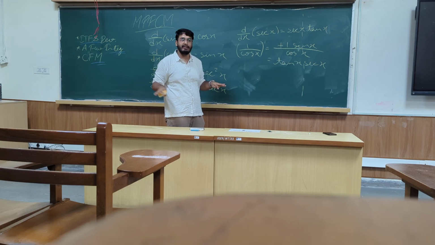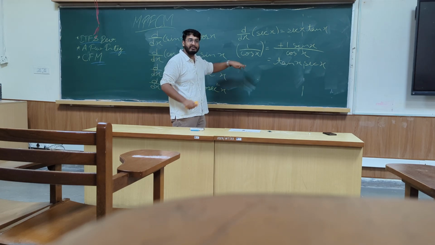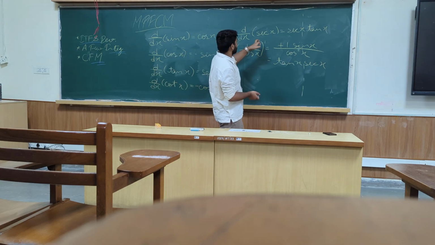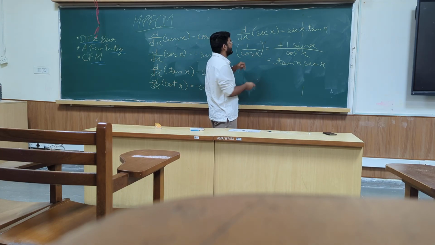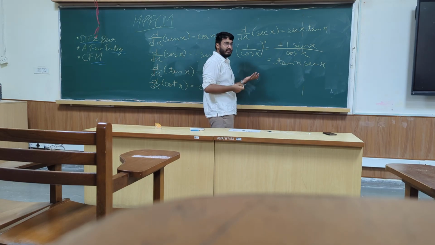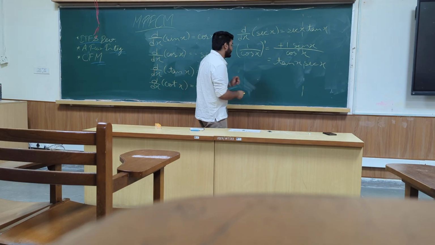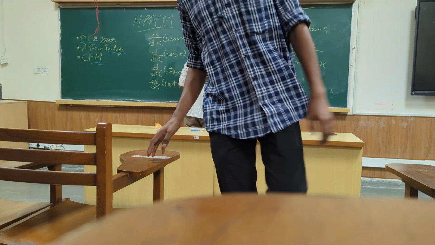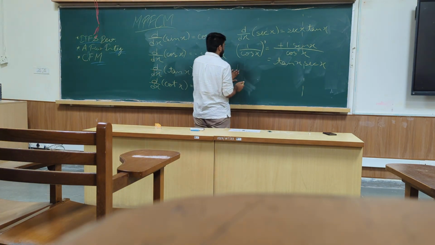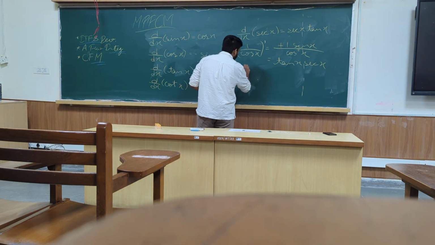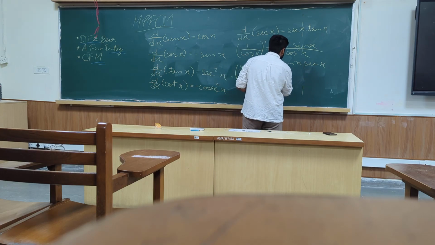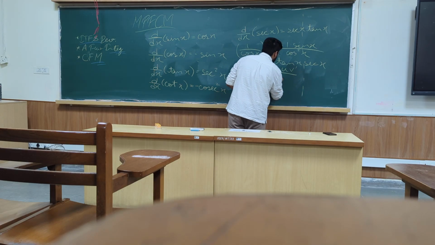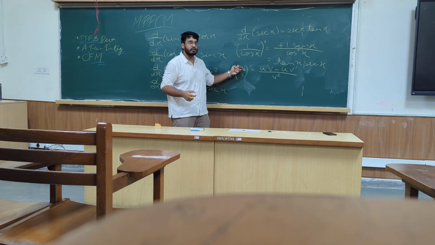Are we all clear on that? Anybody got any problem with this? Yep. So how we did this is that this is 1 over cosine x, which is secant x, and the prime represents that we are calculating its derivative. So the quotient rule tells us that the derivative of u over v is given by u prime v minus u times v prime, whole over v squared. So our u is 1 here and our v is cosine x.